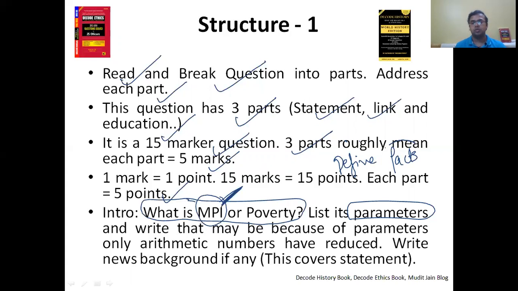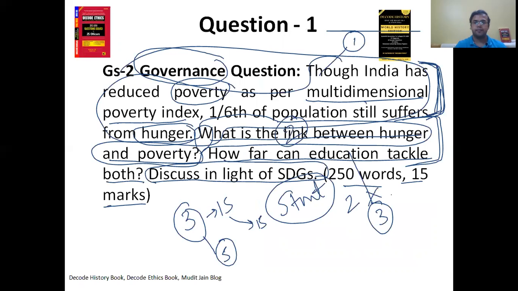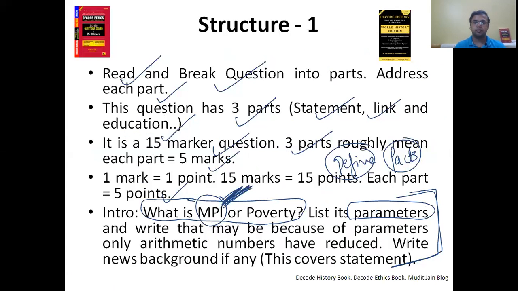If you remember both things, you would choose MPI in your introduction. This will also take care of the statement part, that according to MPI poverty has reduced, but still 1/6 of the population suffers from hunger.